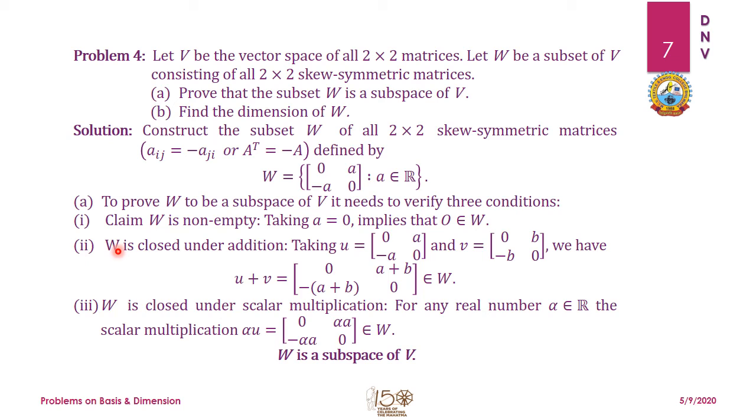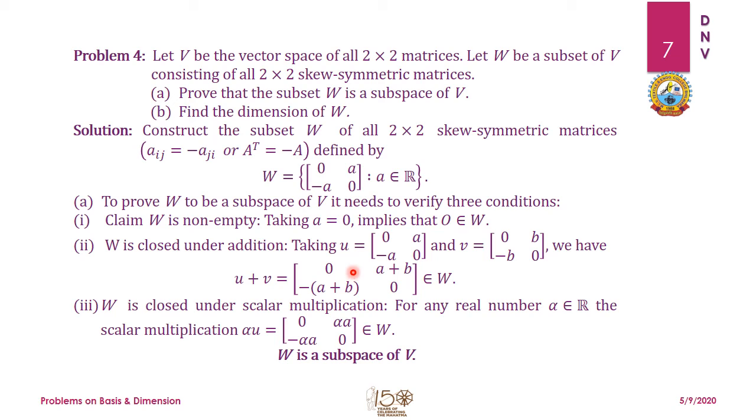So let us take the second one. The second condition is W is closed under addition, and this can be verified by taking U equal to this matrix and V equal to another matrix with B at the positions of A12 and A21 with opposite sign. So the sum of these two matrices is the sum of corresponding elements: 0 plus 0 is 0, A plus B, minus A minus B is minus bracket A plus B, and 0.